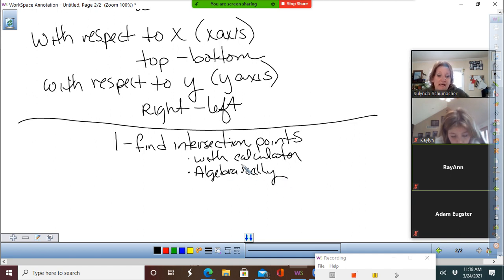So today, I think problems 1 through 5, they actually give you the bounds. All right, so that's going to be already done for you for the first 5. If we're doing it algebraically, what we're doing is we're setting equal to each other and solving.